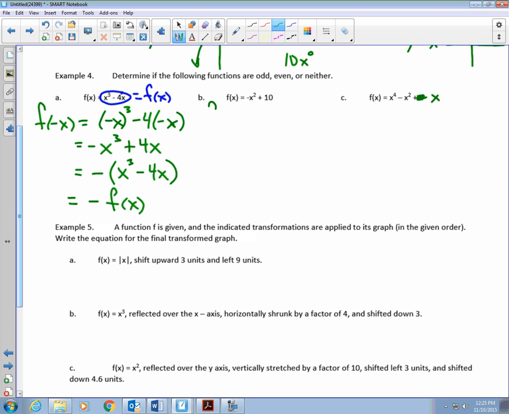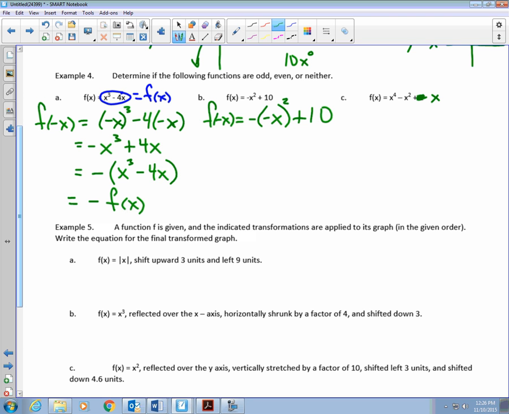So we try. F of negative x is negative times negative quantity x squared plus 10. It looks like I have two negatives, but really, by the time you square it, how many negatives do you have? 1, and then 2 for multiplying together, and then a third, right? We have a negative x times a negative x times a negative 1.